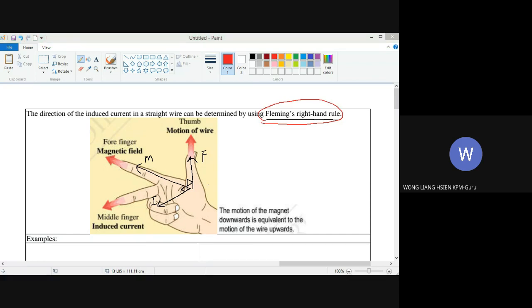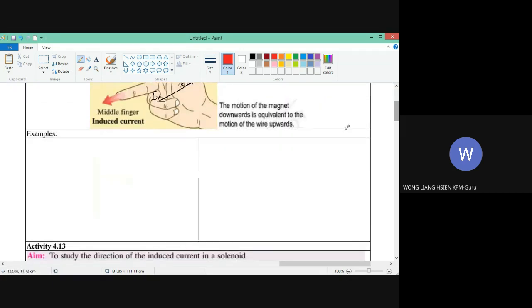Okay, all right. So let's try some examples. You see, this is blank, so actually we need to draw the example. Okay, so I draw the example. First, this is the magnet like this.